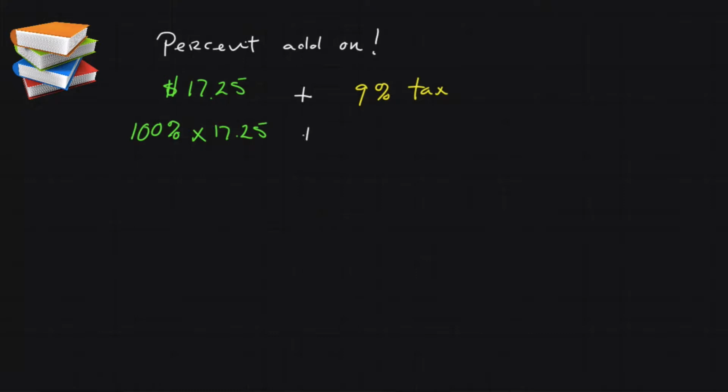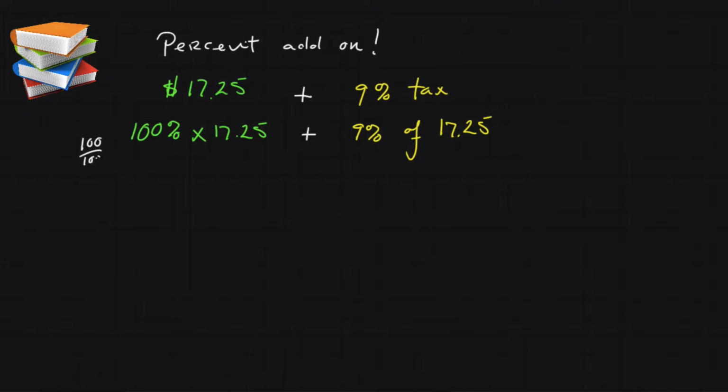And, that's the mathematical symbol for and, you have to pay 9% of the price of the book, of $17.25.